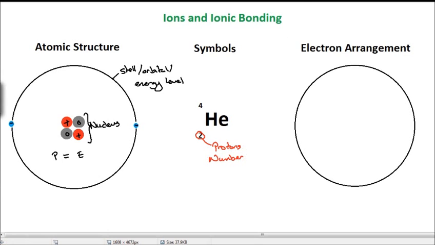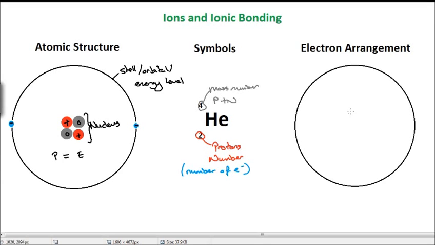Remember, that also tells us how many electrons are in it, because the number of protons is always equal to the number of electrons in a neutral atom. We also have this number up here, which is our mass number, which is the number of protons plus the number of neutrons in the nucleus. Okay, so that was that.